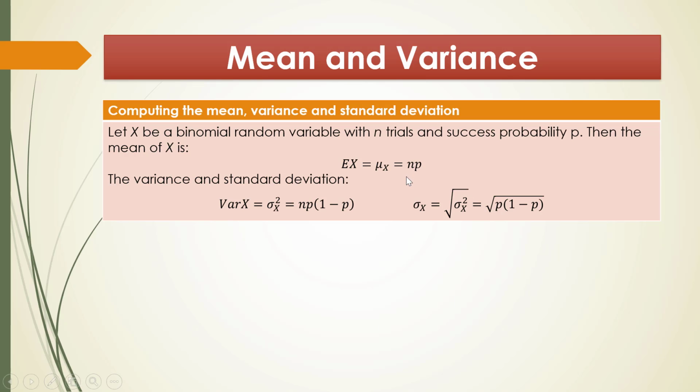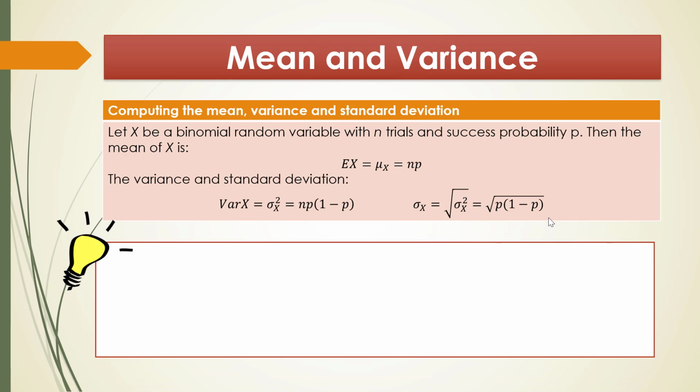So that is the expected value of X, or mu of X. This is the mean. And for the variance, we multiply n with p and times 1 minus p. So the variance of X is sigma X squared, and this equals np times 1 minus p. And the standard deviation is the square root of the variance, which is the square root of np times 1 minus p.